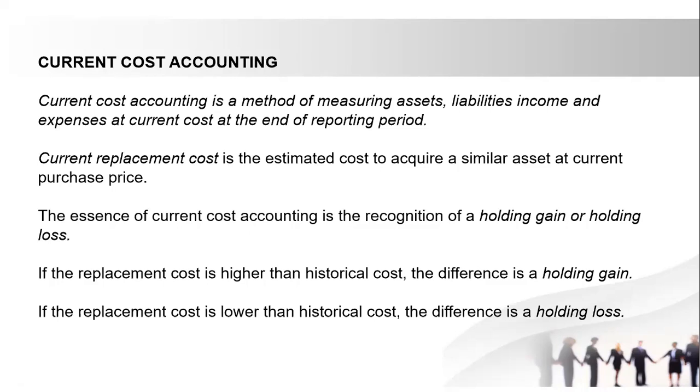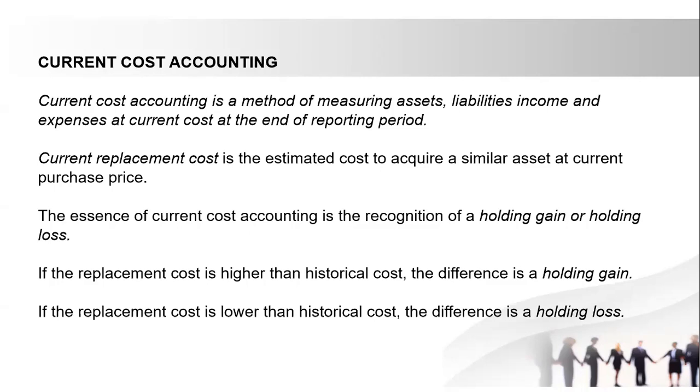The essence of current cost accounting is the recognition of holding gain or holding loss. If the replacement cost is higher than the historical cost, the difference is a holding gain. But if the replacement cost is lower than historical cost, the difference is a holding loss.